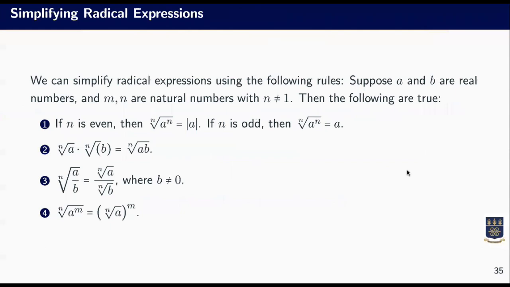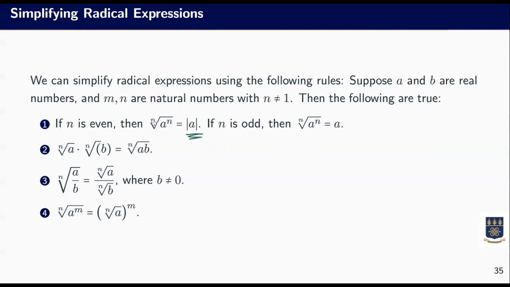So what rules can we use to simplify them? Let's start with some real numbers. So A and B are numbers, and M and N are natural numbers, and we don't want N to be 1 because we're taking the roots, the nth root. If you take a first root, you are not taking any roots. So we will deal with only the positive roots.